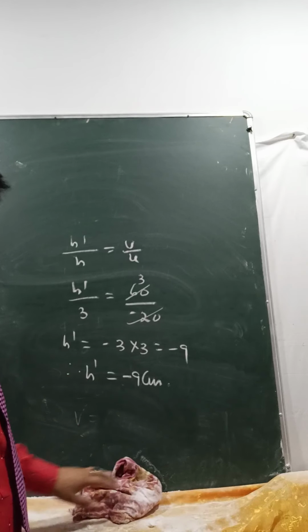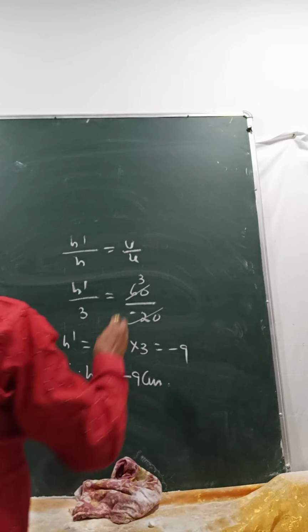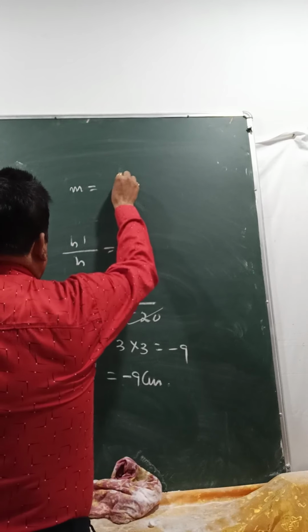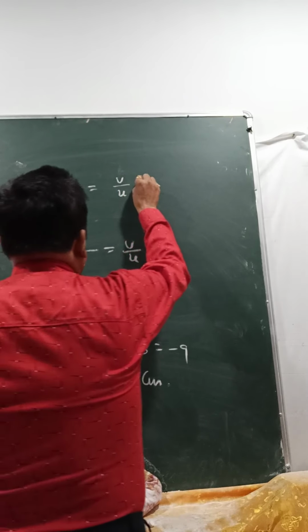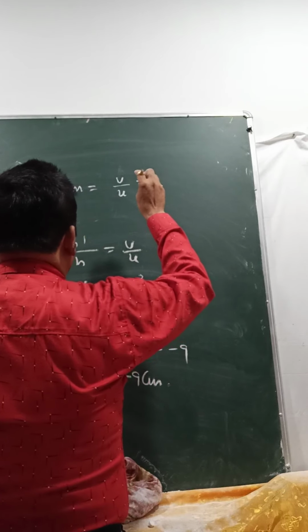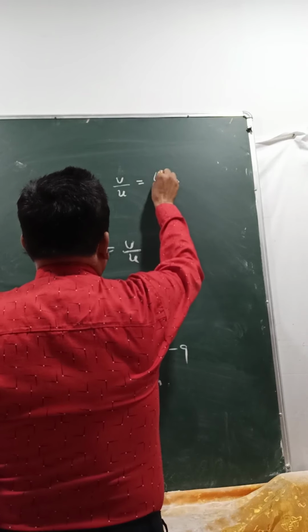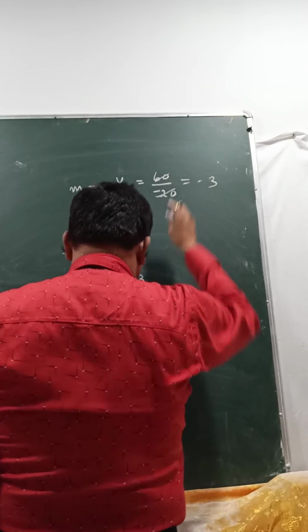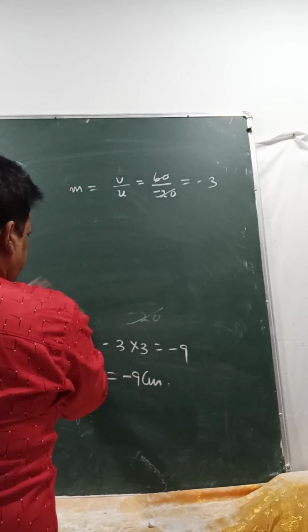Now let us see. Again magnification is v by u. So v is 60 by minus 20, that is minus 3. So what is the nature you found?